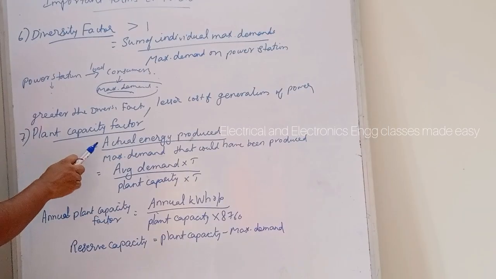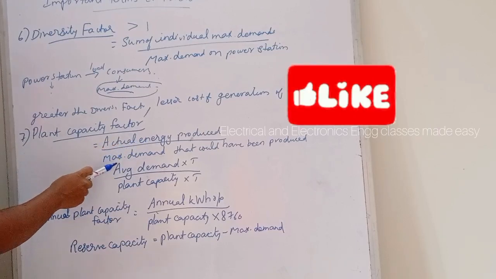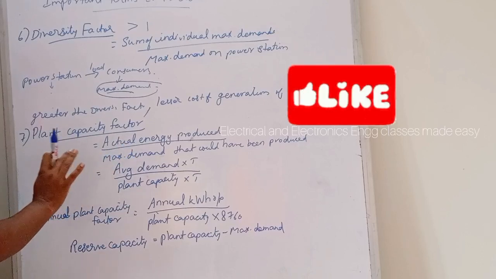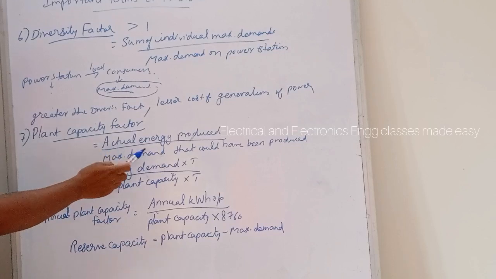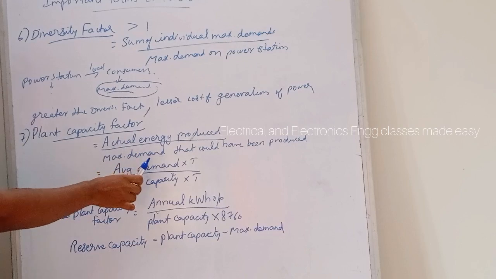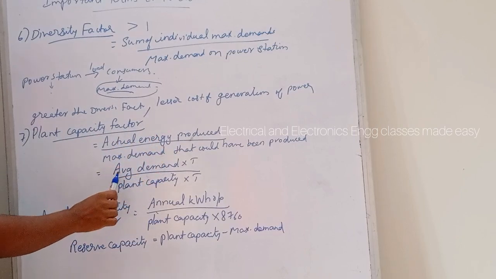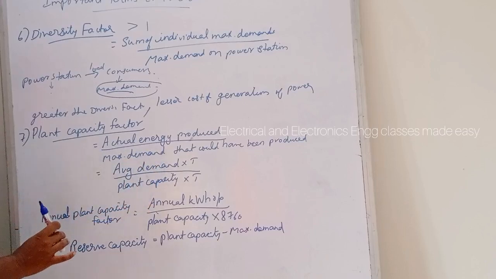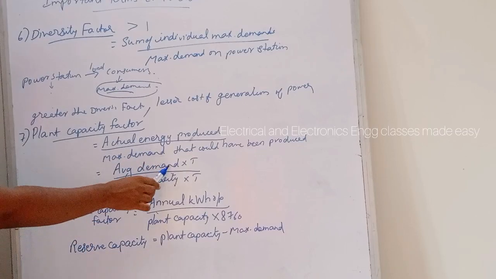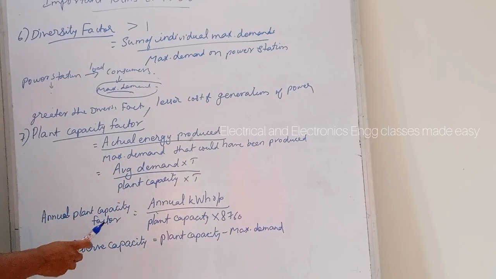Next is plant capacity factor. It is the ratio of actual energy produced to the maximum possible energy that could have been produced during a given period. So we can write actual energy produced divided by maximum energy that could have been produced, or we can write average demand into time period divided by planned capacity into time period.